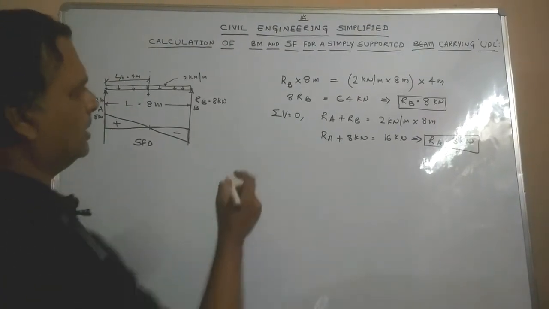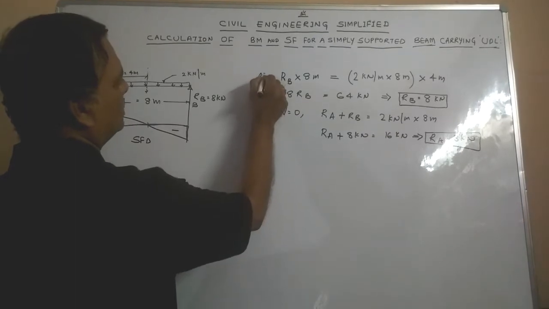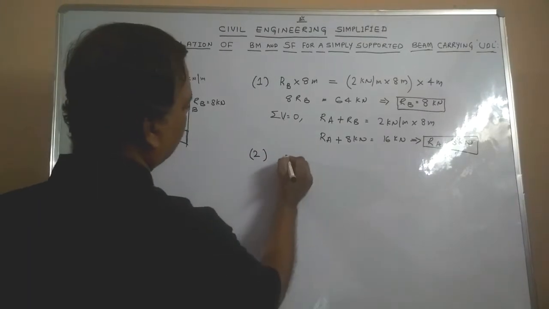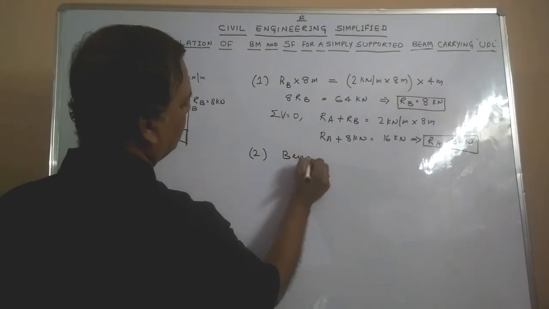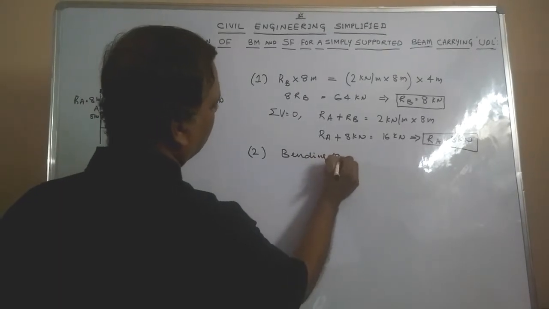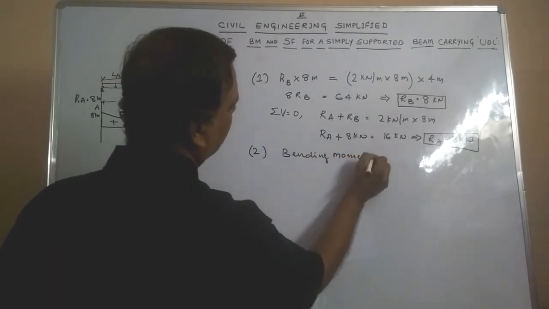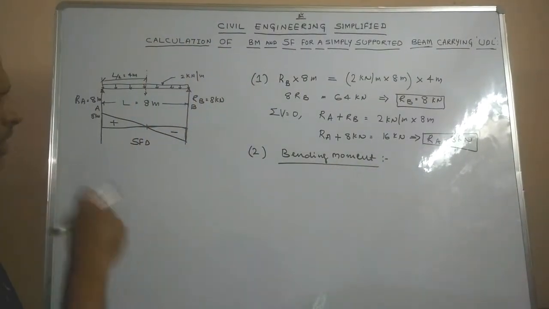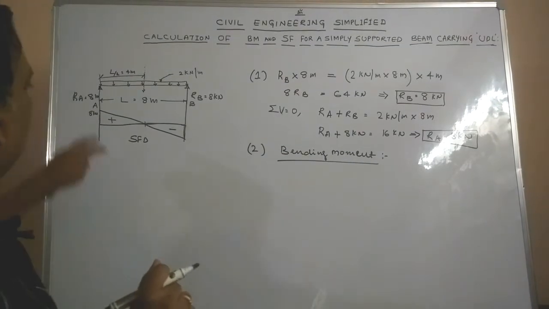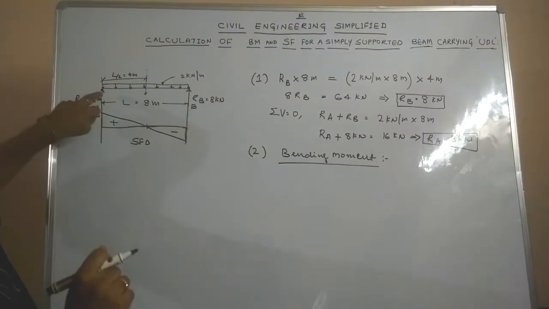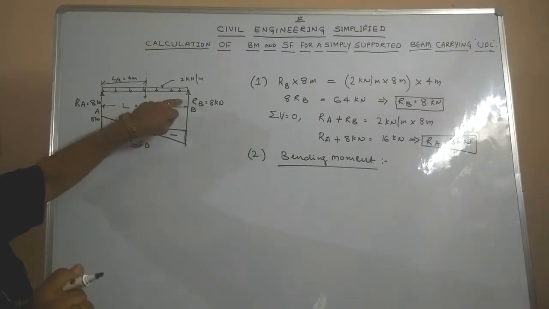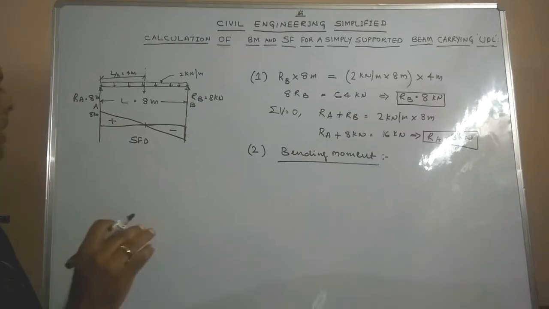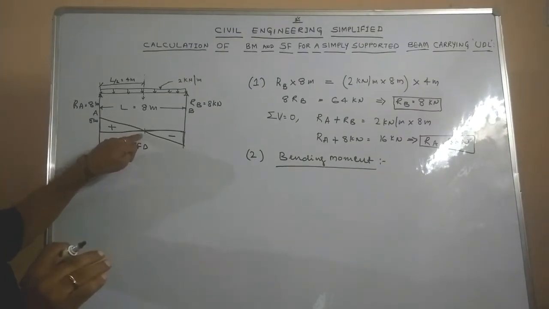So now, I will call this step 1. Step 2 would be the calculation of the bending moment. At this point I would like to tell you that for a simply supported beam subjected to UDL, the maximum bending moment occurs where the shear force changes its sign.